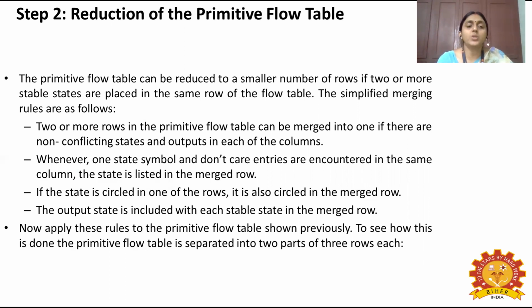Now, we need to apply these rules to the primitive flow table which was shown in the previous slide. To see how this is done, the primitive flow table is separated into two parts, having 3 rows in each part.